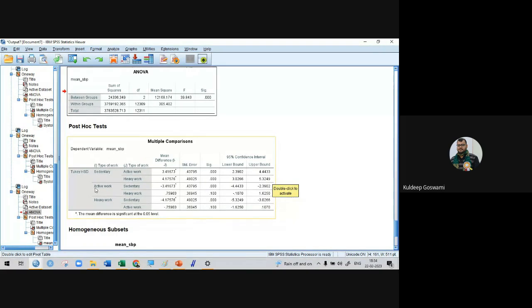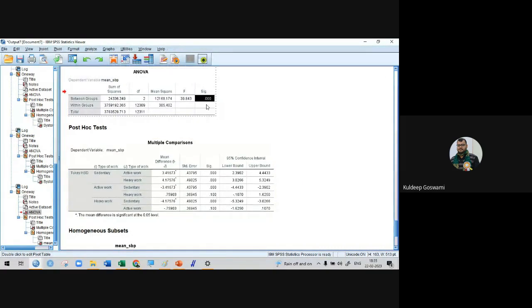Are you getting the point? Active and heavy work are the same. Active and heavy work are showing a non-significant value. Initially, it was significant when we were doing that analysis for the group as a whole.